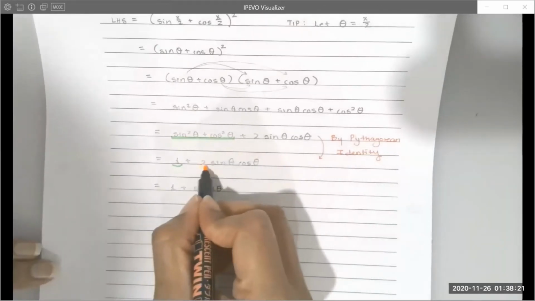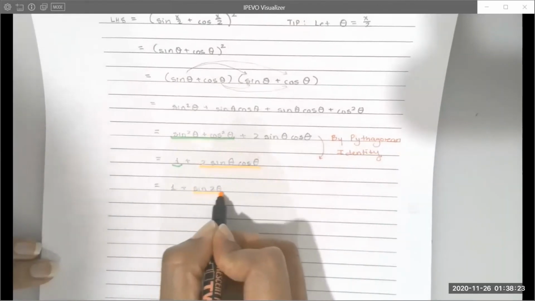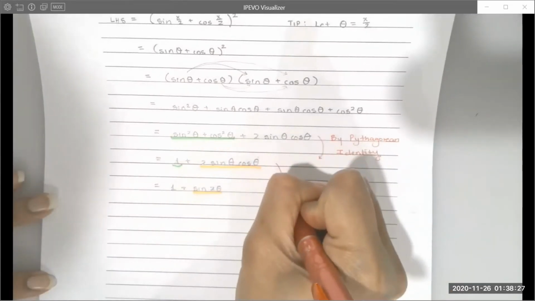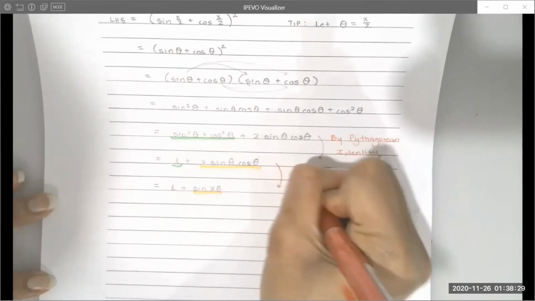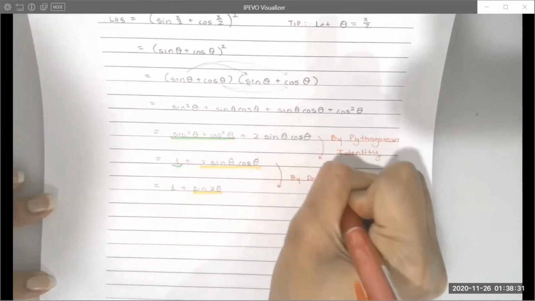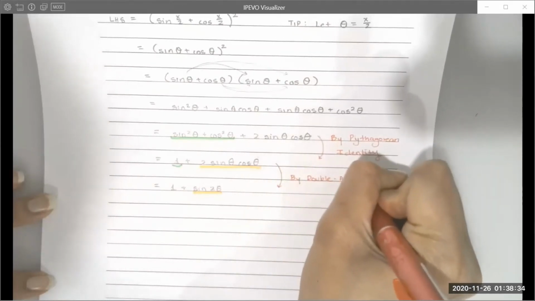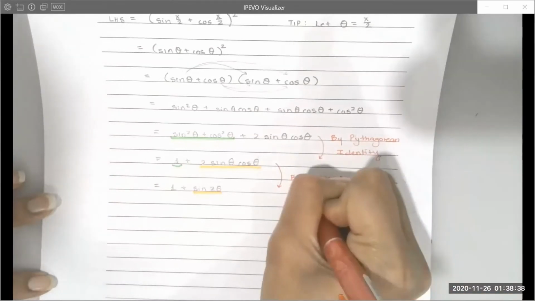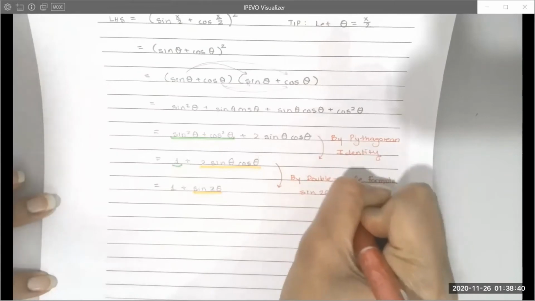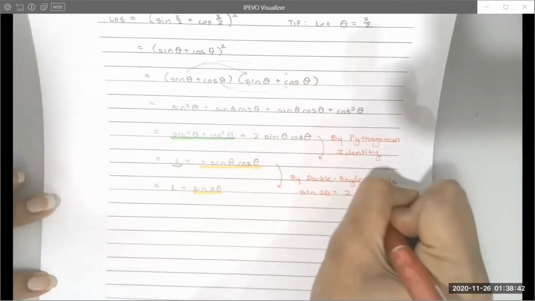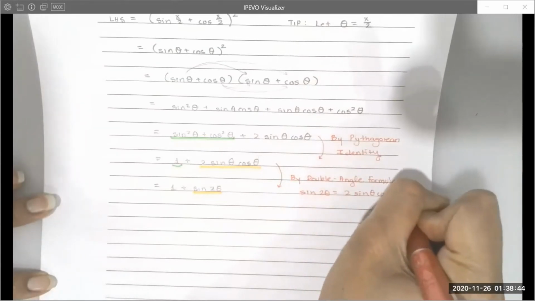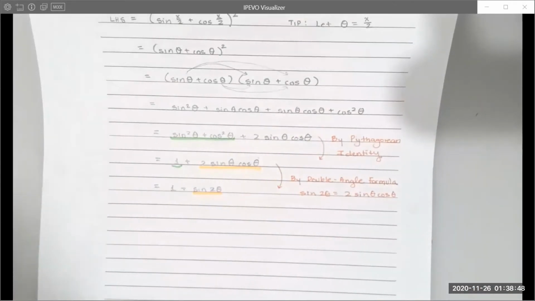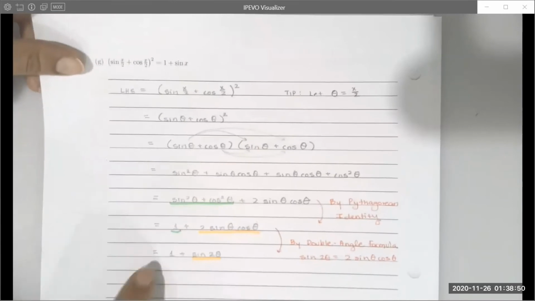And that's because this part became the sine 2 theta.